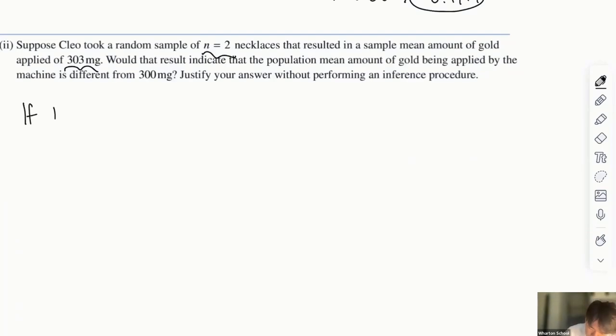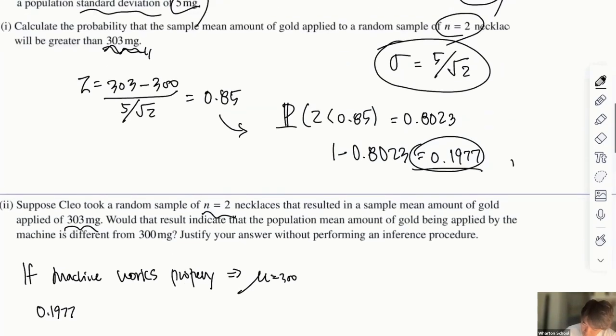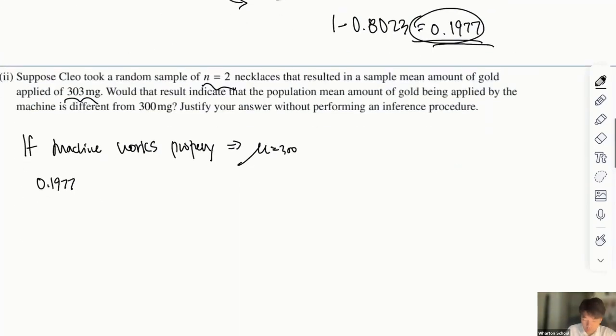If the machine works properly, which means that it will have a consistent mean mu of 300 milligrams, there is a 0.1977 probability that we got from here, multiplied by 2, right?